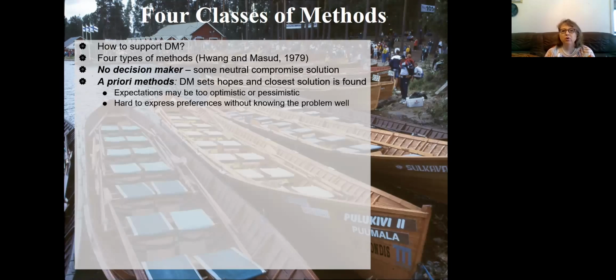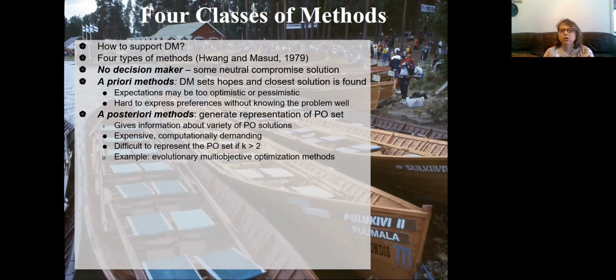If we have a decision maker available, he or she can set hopes and expectations first, and then we try to find a solution that meets these needs as well as possible. However, it might not be that easy to provide expectations in advance. They might be optimistic or pessimistic.